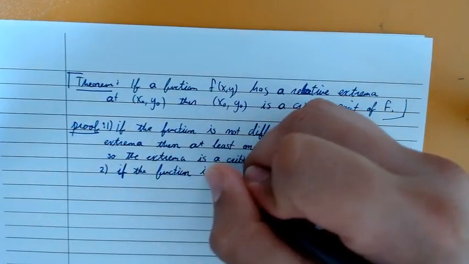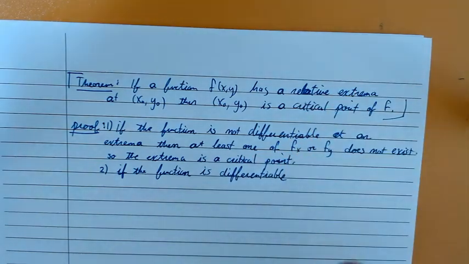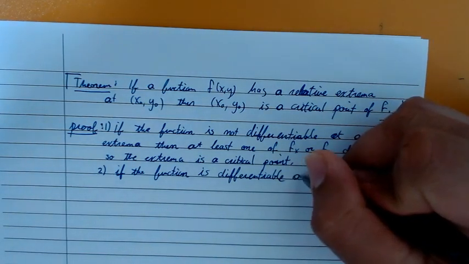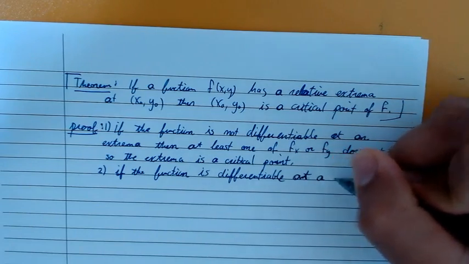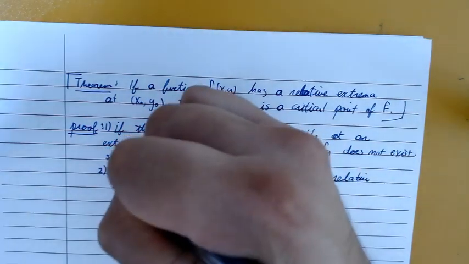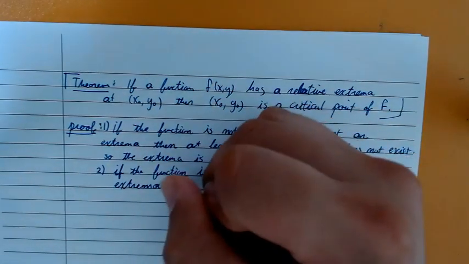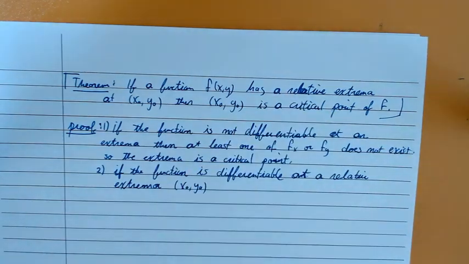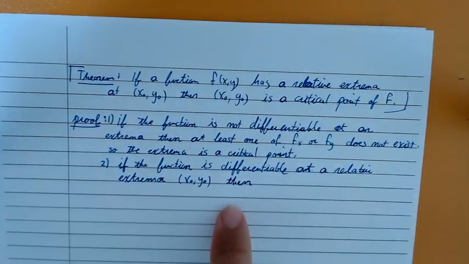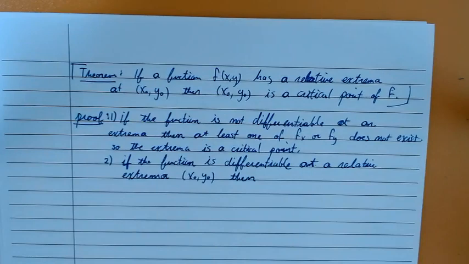So if the function is differentiable at a relative extrema x naught comma y naught, then if it's a relative extrema, that means it's a relative extrema relative to all of its directional derivatives.